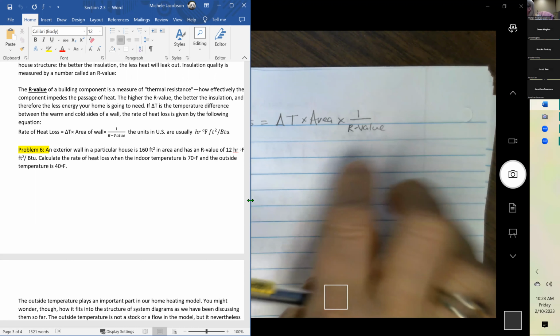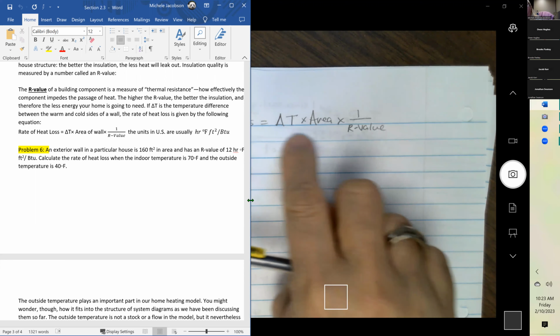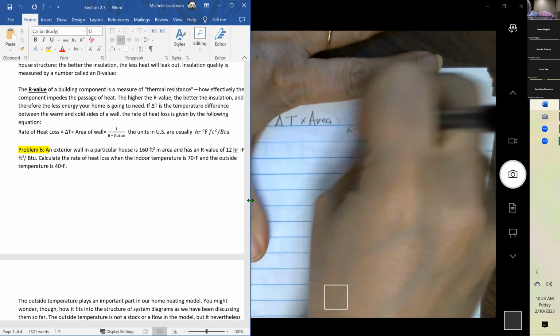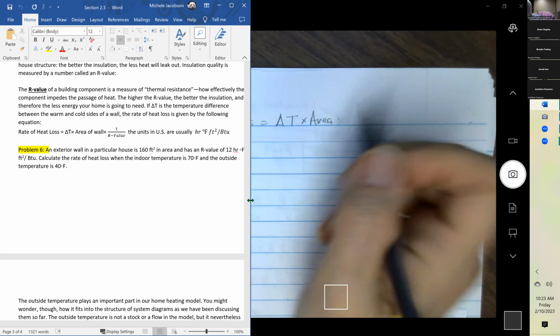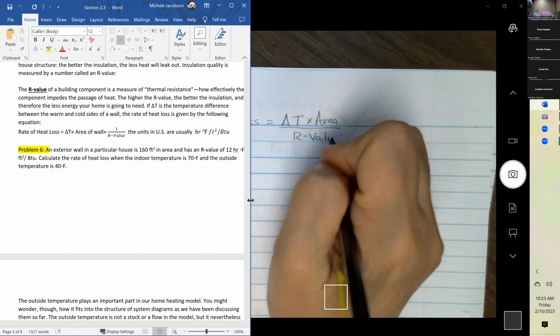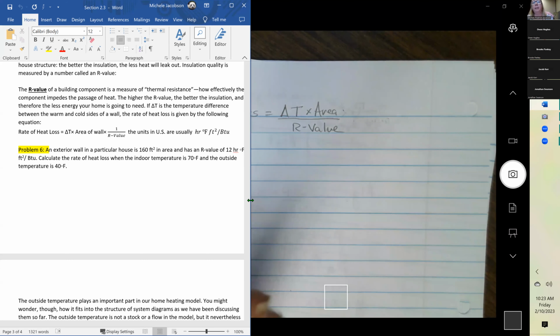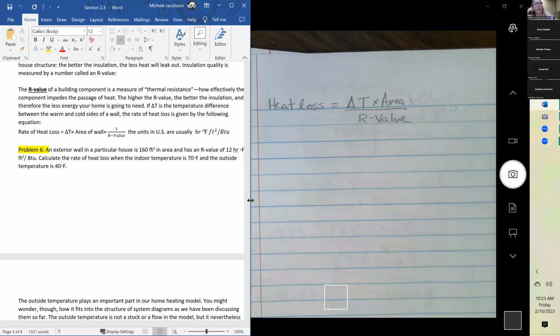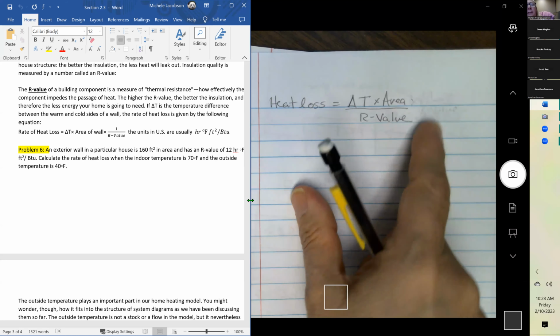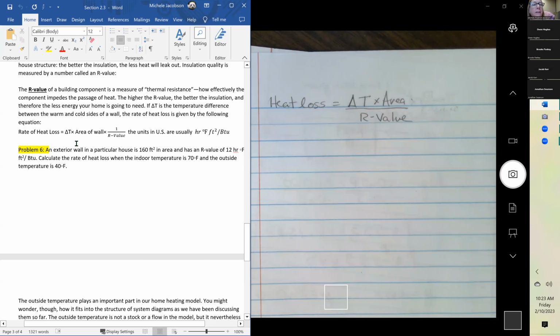Now, if you wanted, you could just put R value underneath this because you're dividing. So this could also be written the same thing. The reason they did it separately was because then the units get all pushed together. But they're all on the bottom, so I don't know that it would matter. So you could write it like this, or you could write it like this. Same thing.